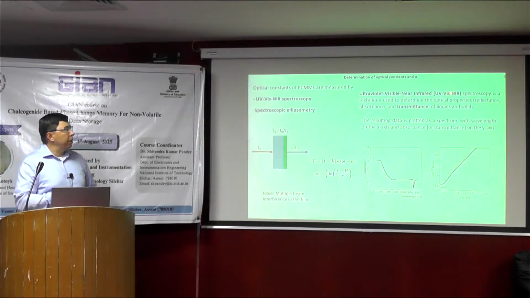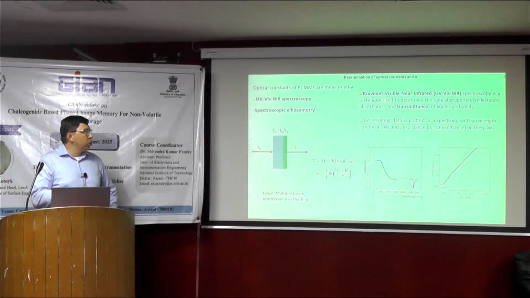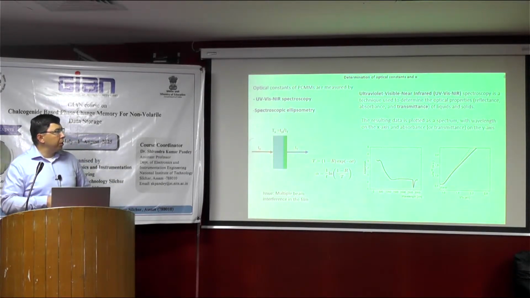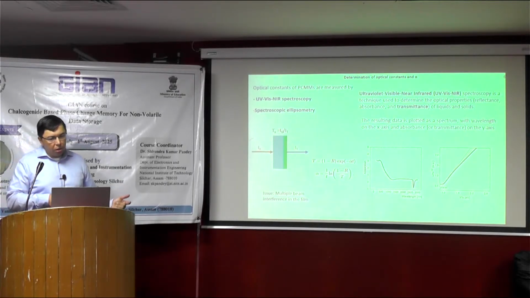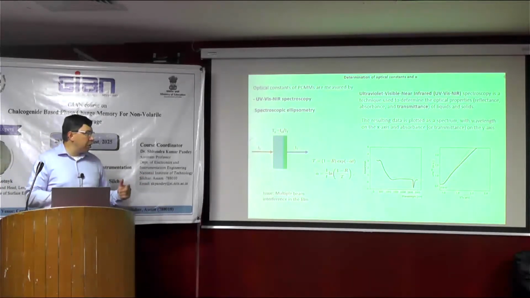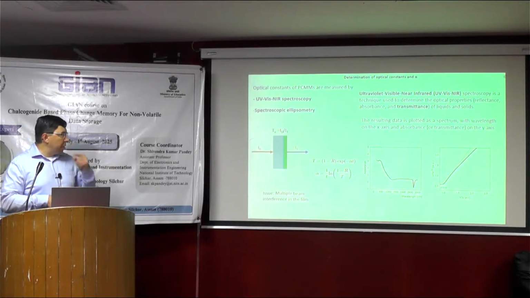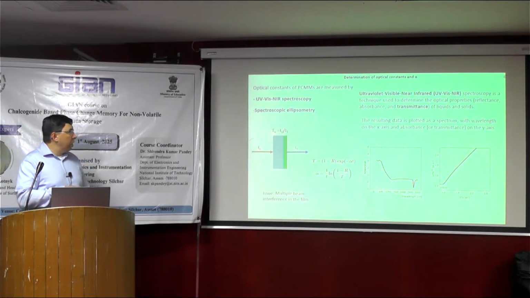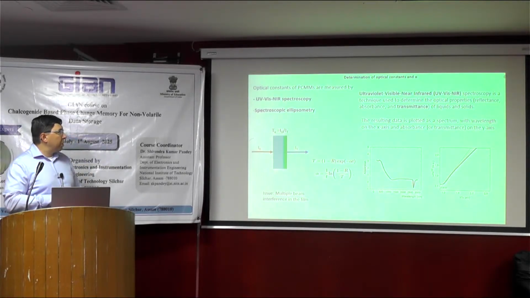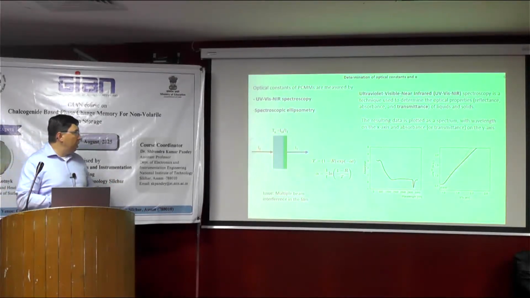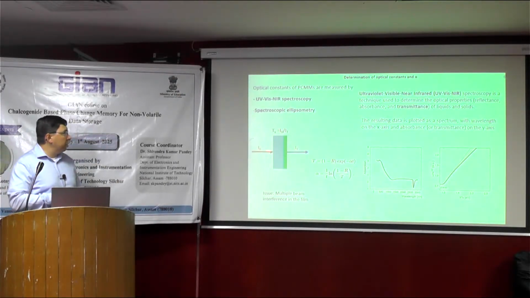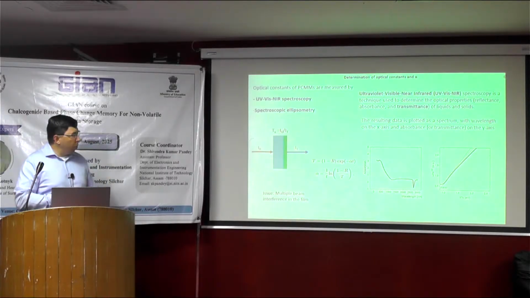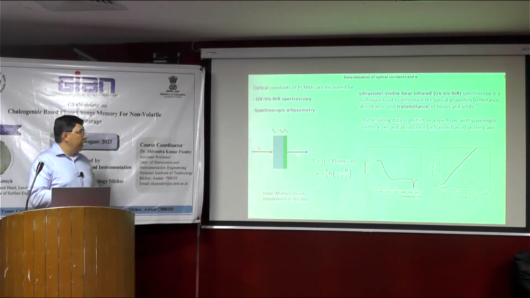UV-Vis-NIR spectroscopy is a technique used to determine optical properties like reflectance, absorbance, and transmittance of liquids and also solids. It is a very simple technique. You have your system, like a substrate and thin film, or a bulk material or liquid, and you illuminate your material with light of intensity I0. Because of absorption inside your system, the intensity of the light changes.